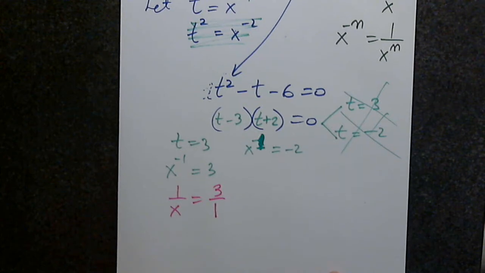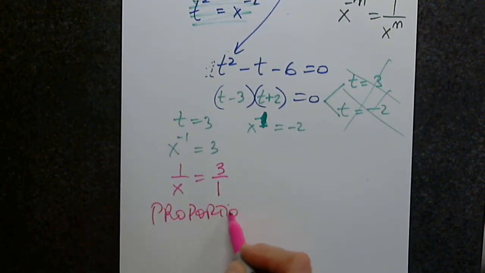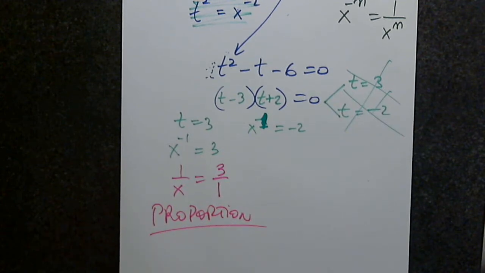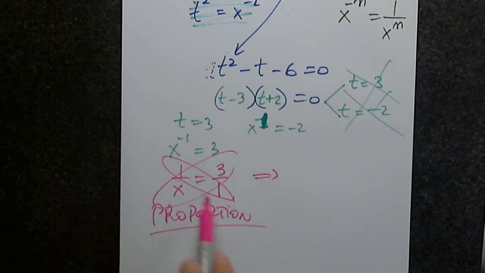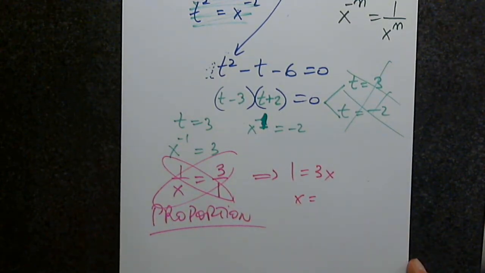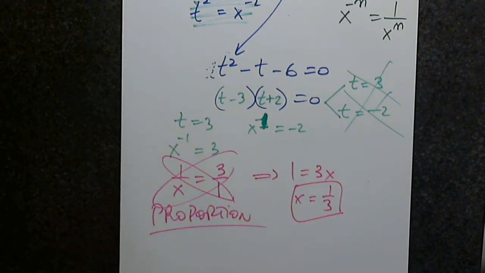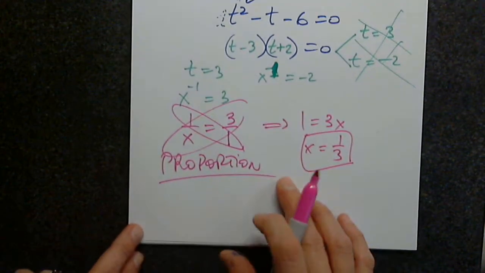What is it called? Proportion. Please remember, only in a proportion we can cross multiply. So then what do you get from here? This product is perfect. This product is very good. So then x equals, excellent. Now the second equation.